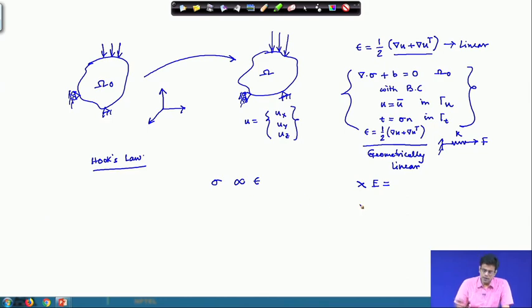Now, when sigma is proportional to strain, this relation is known as linear, because it has only a constant coefficient. The proportionality constant becomes Young's modulus, or in the multidimensional case it is known as the constitutive matrix.